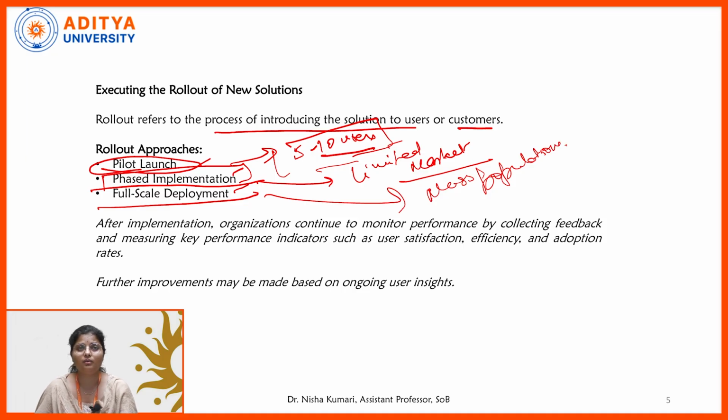So here, if we talk about any kind of example, we can take Uber. When Uber came into the picture, it's not that they created the app and implemented it in the entire country or across the globe.